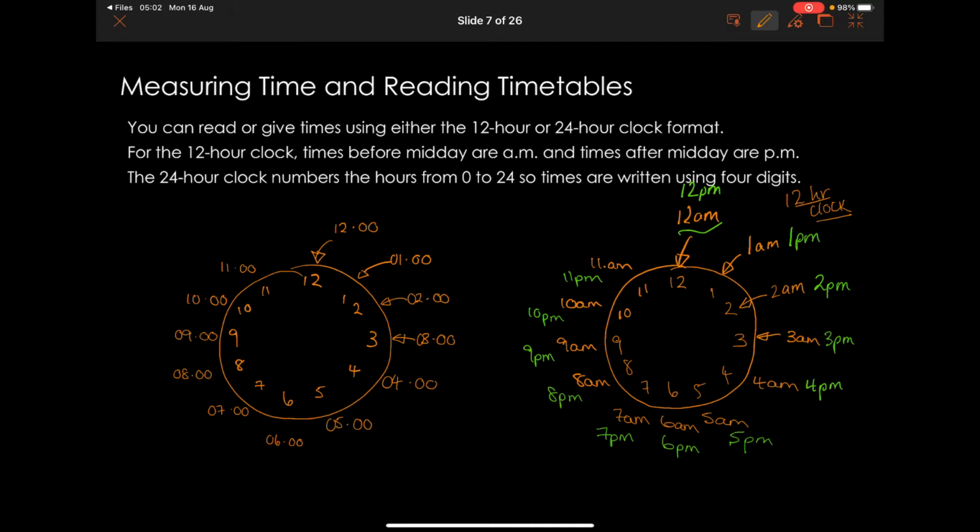On the 24-hour clock, we would say 12, 1, 2, up to 11 for morning. When it gets to 12 in the afternoon, we say 12, but then 1 o'clock turns into 13, and then 14, and then 15. And we say like 1500, 1600, 1700 hours.